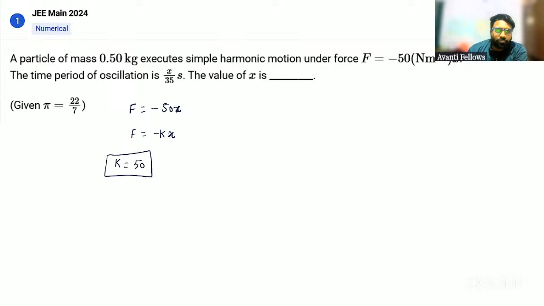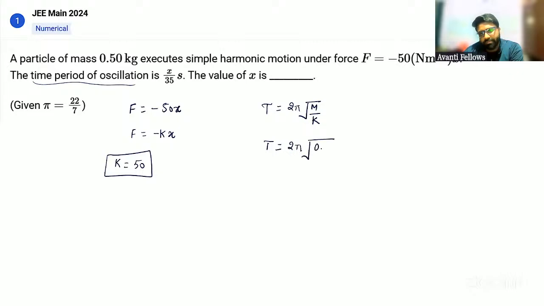What we have to find out is the time period. We know the formula: time period is 2 pi square root of m by k, isn't it? So the time period will be 2 pi square root of mass 0.5 kilogram by k, which is 50. Give me a moment here.